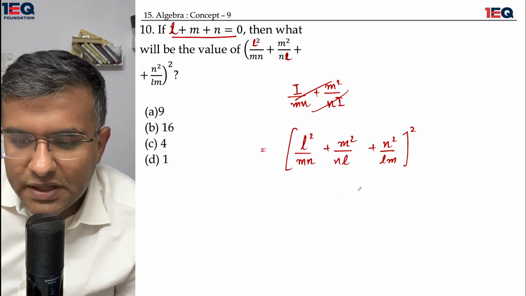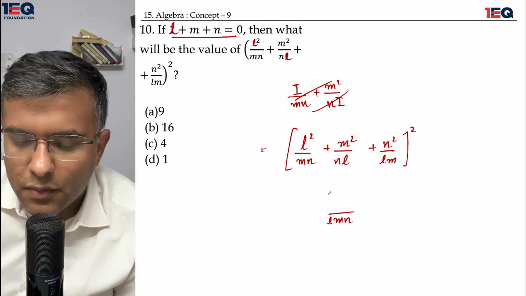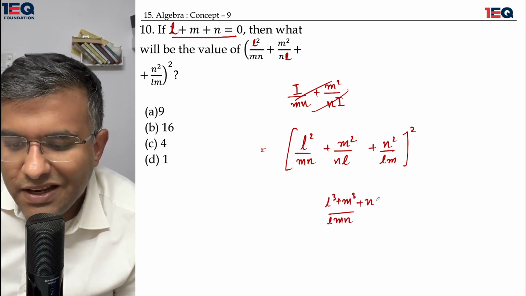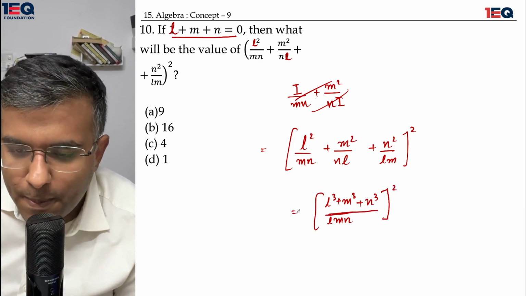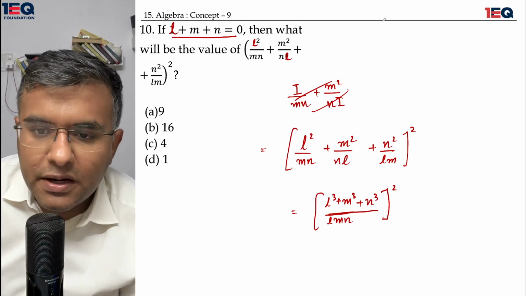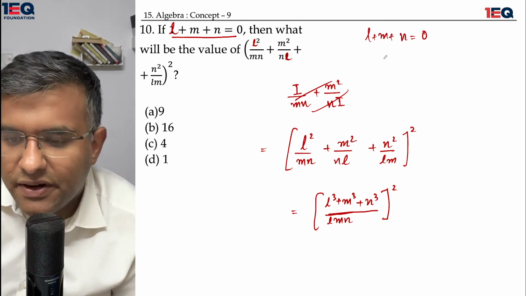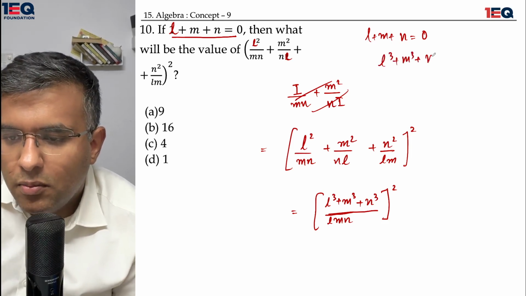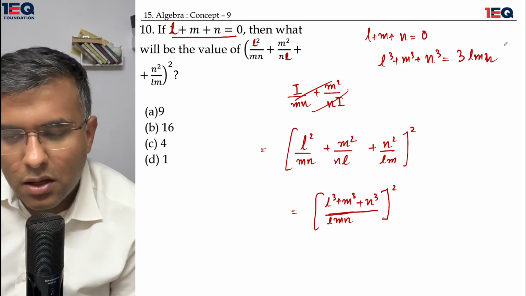If I take a common LCM of everything, I get the LCM as lmn. This would become l cube plus m cube plus n cube, the whole square is going to remain in place. Whenever the precondition of l plus m plus n being equal to 0 is satisfied, at that time l cube plus m cube plus n cube being equal to 3lmn comes into play.